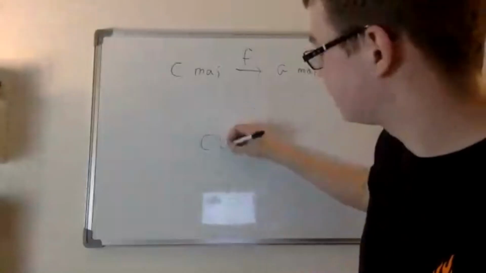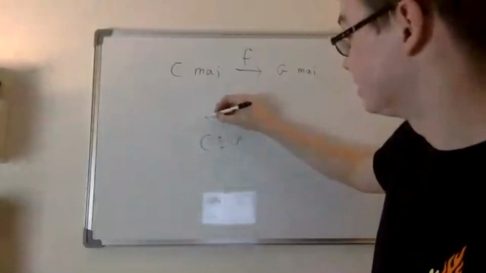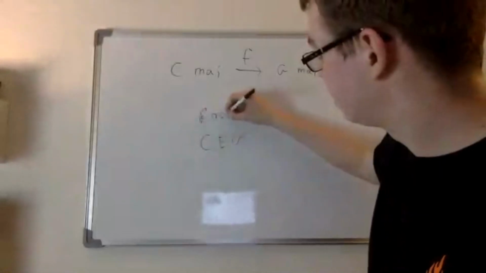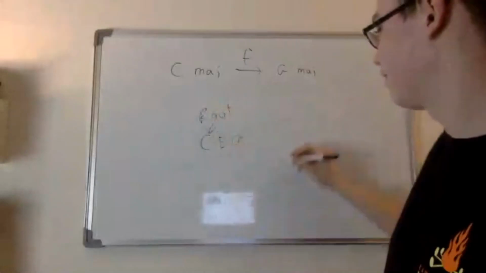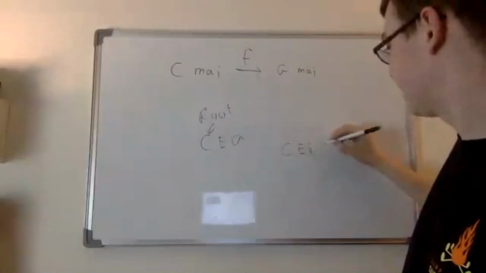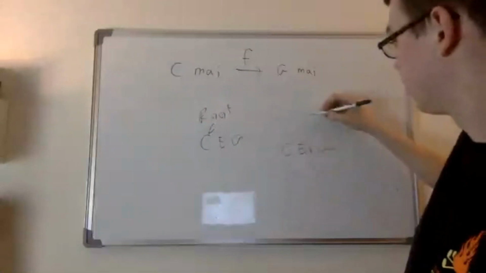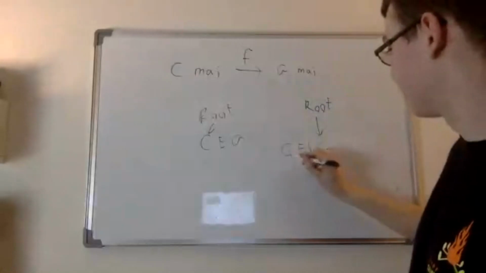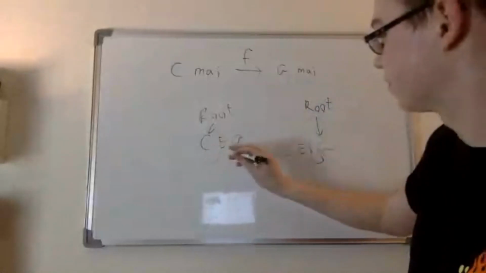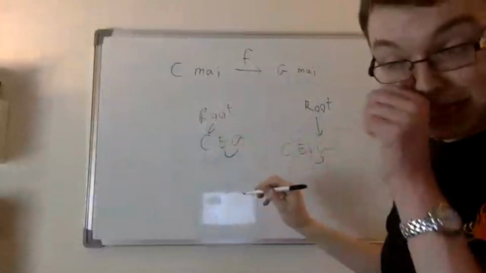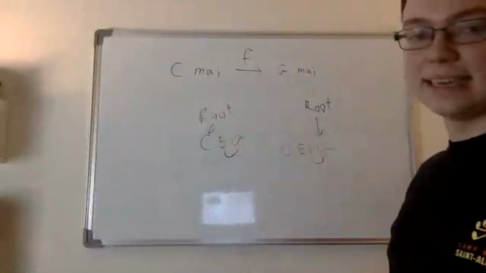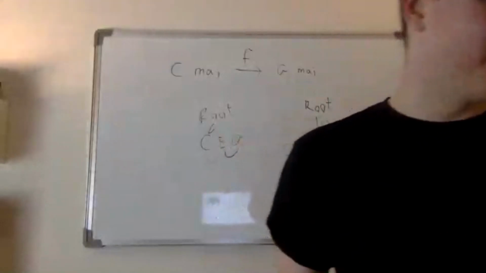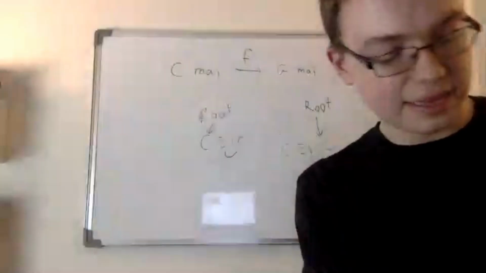So if I have C, E, G, the root is C. But if I have a minor triad, C, E flat, G, then the root is actually G. Because it's a major third and then a minor third, just like this is a major third and then a minor third. That's where dualism comes from, and that's the significance, I suppose you'd say.